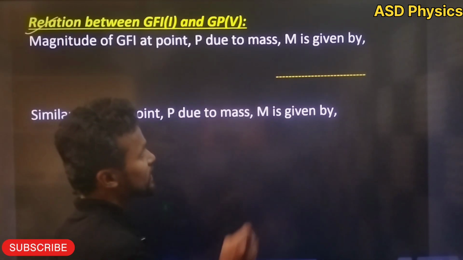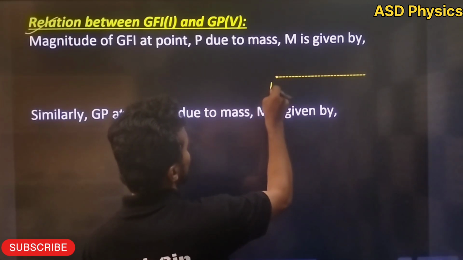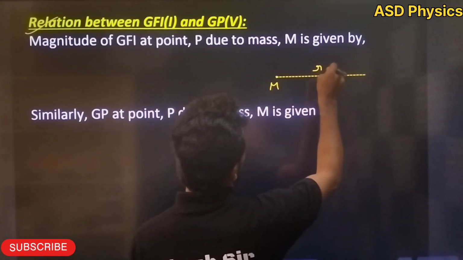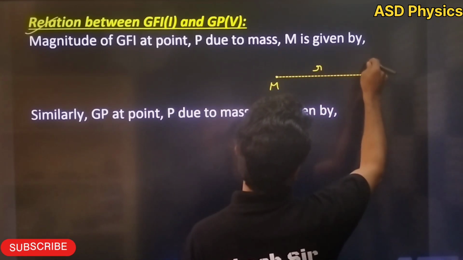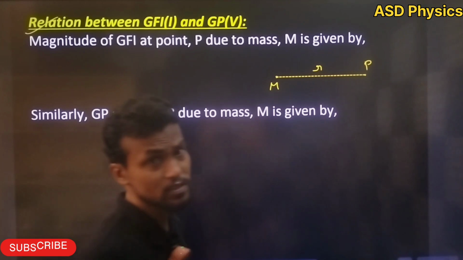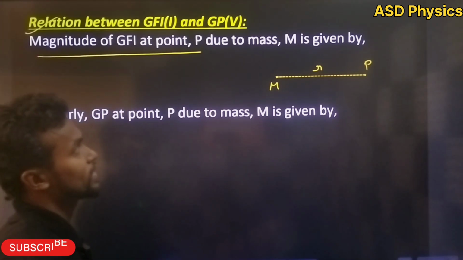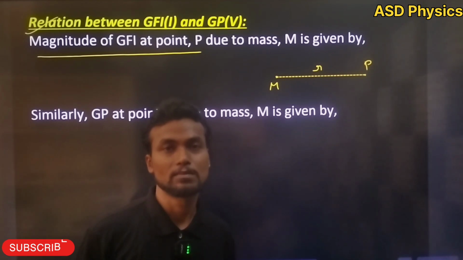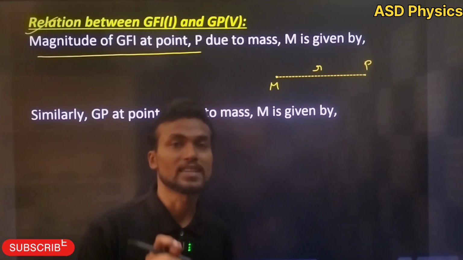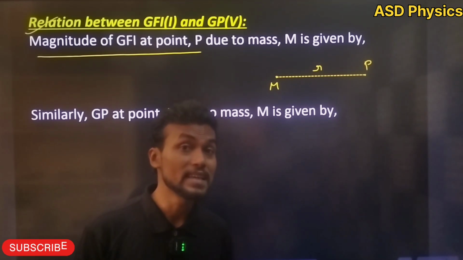So students, here I have taken one point mass capital M, and at a distance of small r I have taken one observation point P. Now the magnitude of GFI at point P due to mass capital M is given by, you know very well, GFI is a vector quantity, but why am I writing the magnitude?